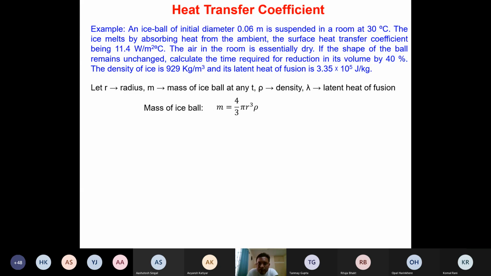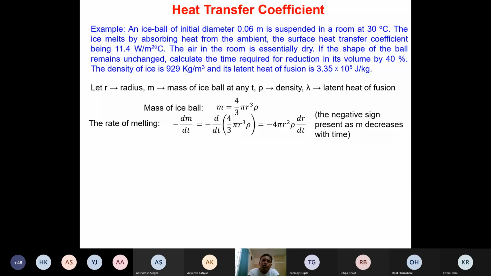Is it clear to everyone? This is what you are going to get. Okay. Now equate this to the Newton's law of cooling and find out the expression of R versus t. How R is going to vary with t, that you have to find out. Okay.